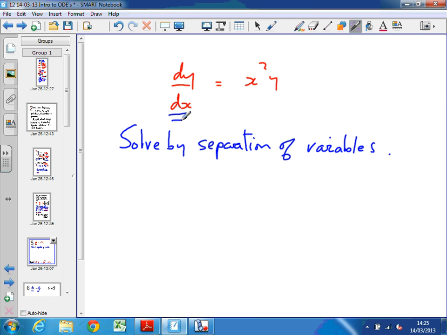We shift the dx over to the right hand side. And then I shift the y on the right hand side to the left by dividing. So 1 over y dy equals x squared dx. Now I've separated the variables.